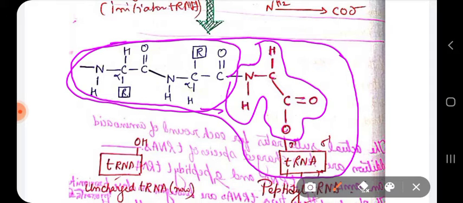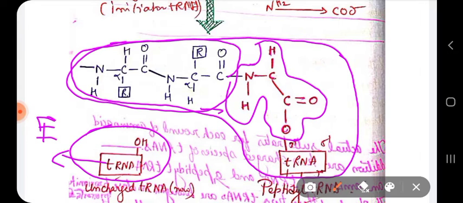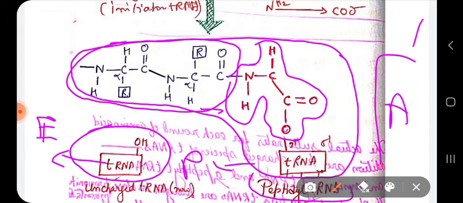And on the other hand, the peptidyl tRNA which was before, it now becomes uncharged tRNA. It will now be moved to the E site of the ribosome, while this amino acid tRNA which has now become peptidyl tRNA will move to the P site, and creates a space in the A site, so that a new amino acid tRNA can come and carry out the next round of peptidyl transferase reaction.